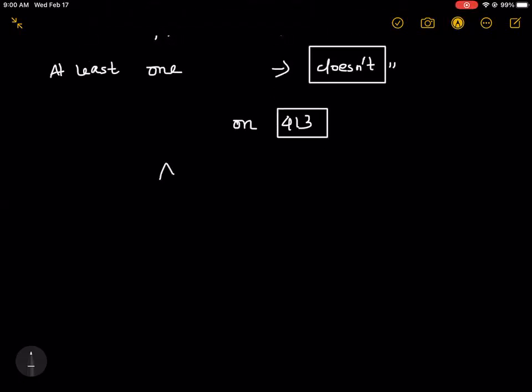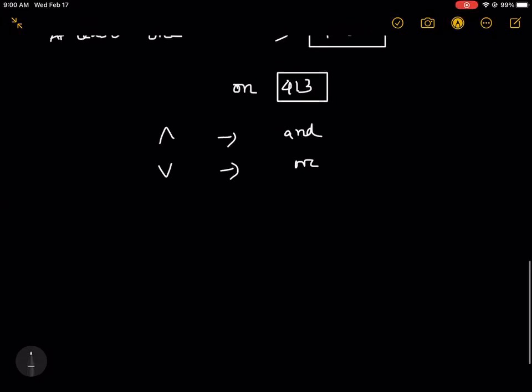So this symbol will be used for and, this will be used for or, and this will be used for negation. Because often we'll use these symbols instead of writing it in English, okay?